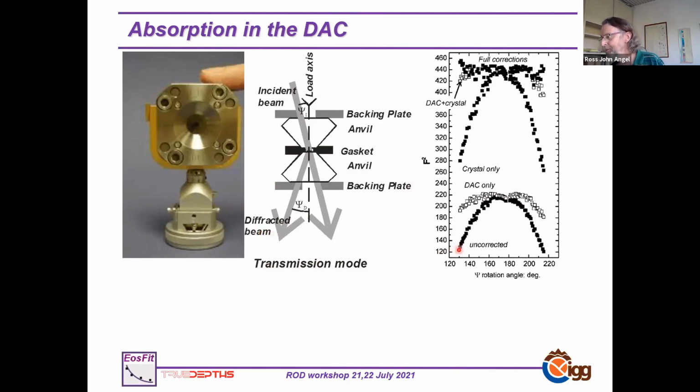The important point is you can see not only is the intensity reduced by 70% compared to the crystal in air, but as you change the path of this single reflection through the diamond cell, you change the intensity by about 100%, on this scale from 120 to 210. So you need to correct for this variation.